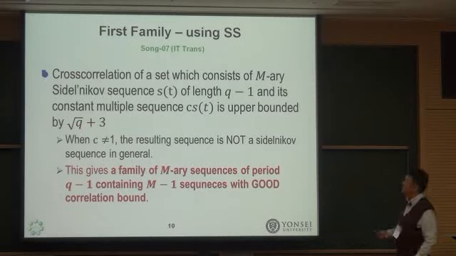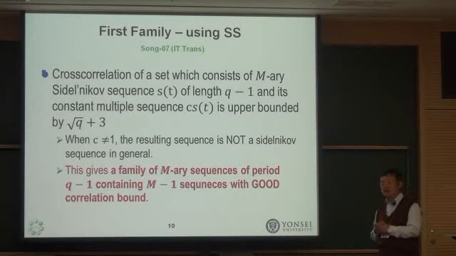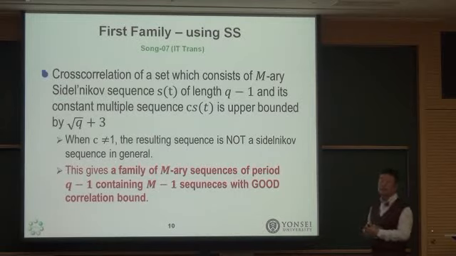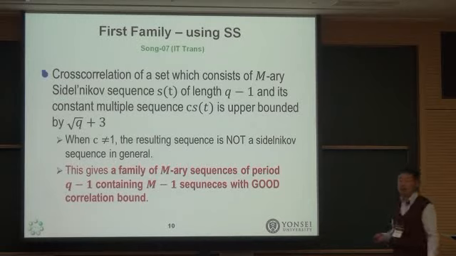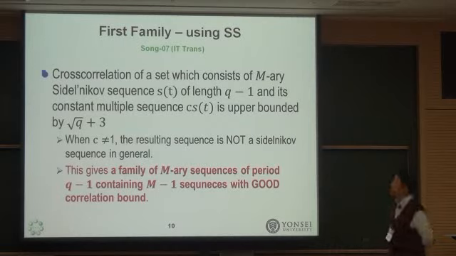Even though the family size is quite small, because the original sequence has alphabet size m, the maximum number of members in the family is less than m. So if we are talking about, say, ternary sequences, we only have 2, because we cannot multiply by 0 to get another sequence. So anyway, this was, I guess, a good start.